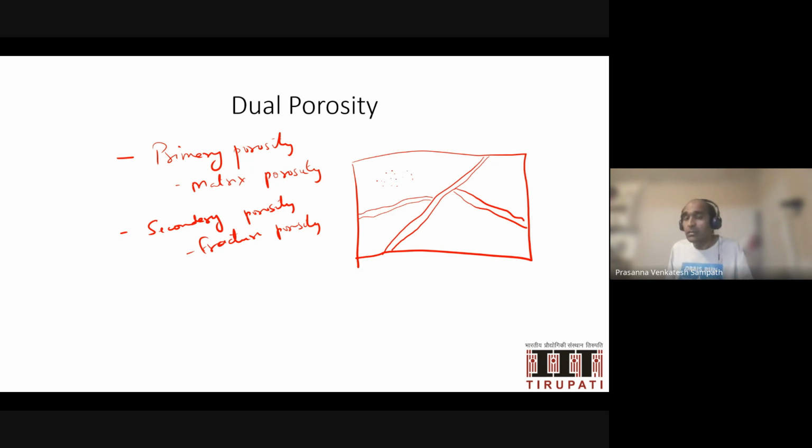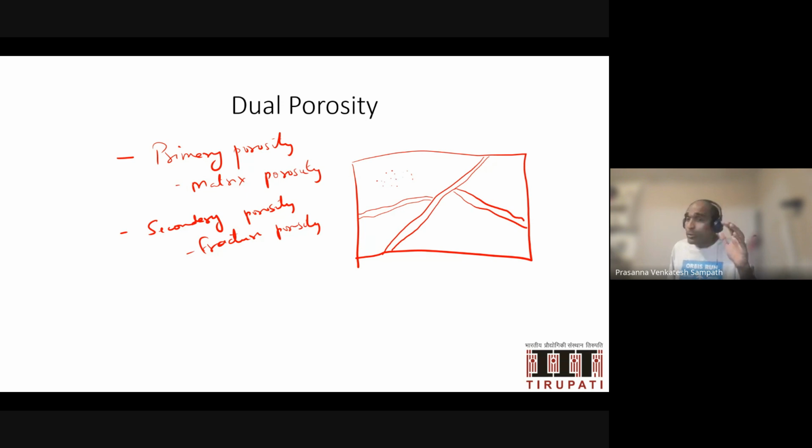Now imagine if this rock was fully saturated with water, and you take it out. What will happen? Immediately, instantaneously, all the water that is present in the fracture will get drained out, right? Because that water is not held back very strongly, but still some water will be left in the primary porosity.